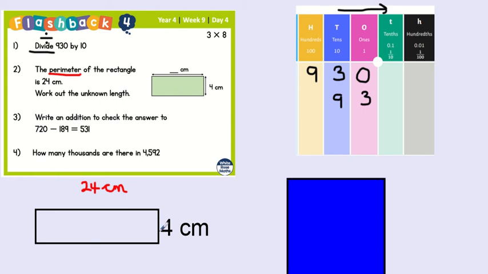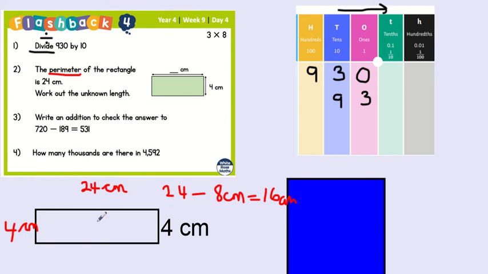Now, it's told us that this length here, this side, is 4 centimetres. So you'll know that this side is also 4 centimetres, which means we've got a total of 8 centimetres so far. Now, if I do 24 take away 8, what would I be left with? Well done to everybody who's just thought 16 in their head.